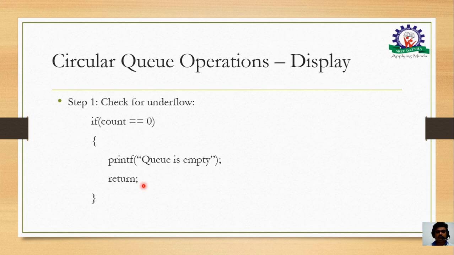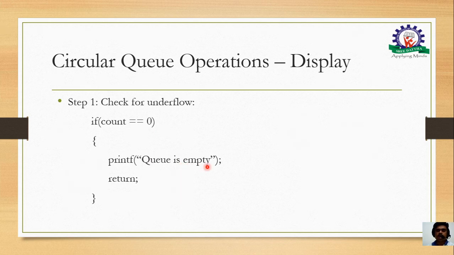The last function available in the circular queue is display. Before I go for display, I will first check whether any content is available. If no elements are available in the queue, then what is the use of displaying the contents? I need to show a meaningful output, that is, queue is empty. That is what I check first: if count is equal to 0, no elements are available, so I can't display.